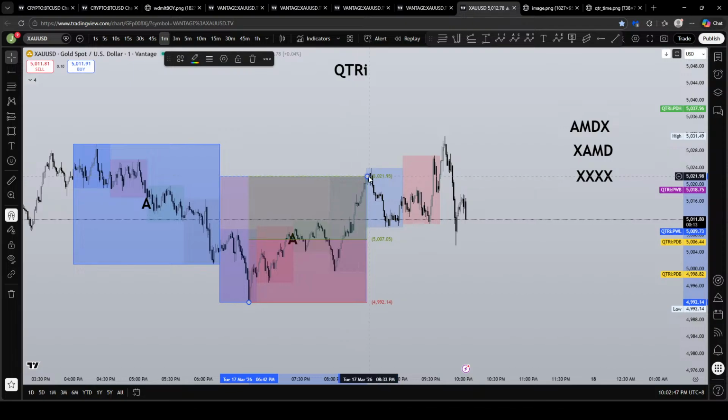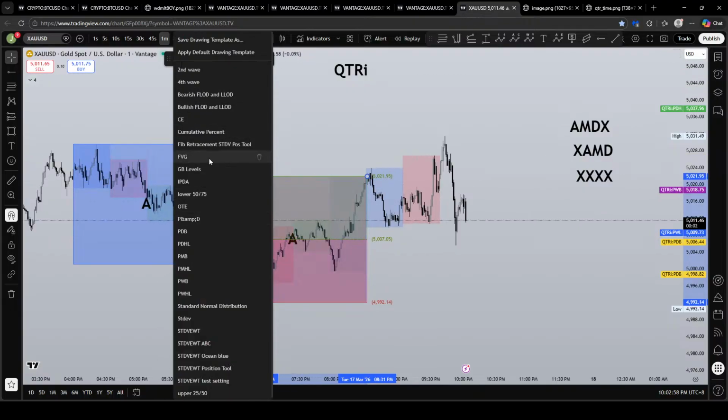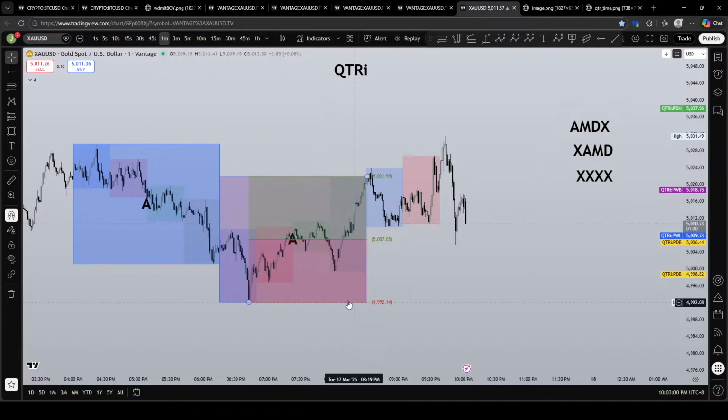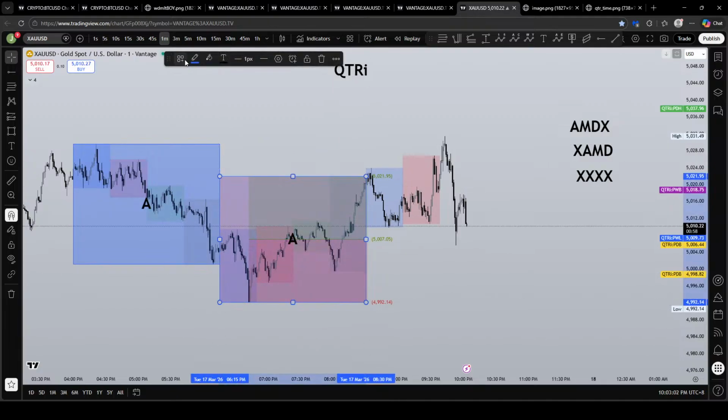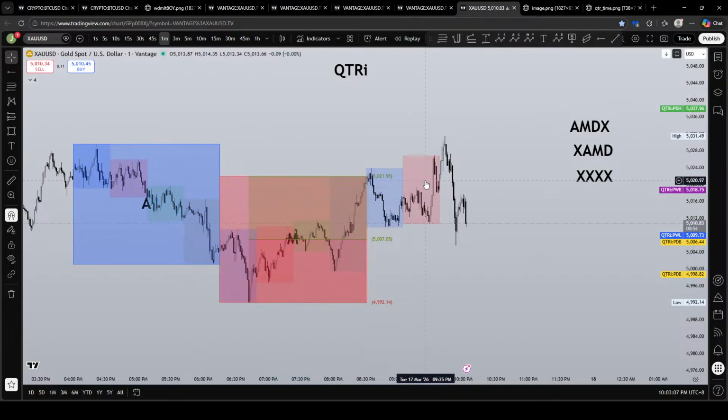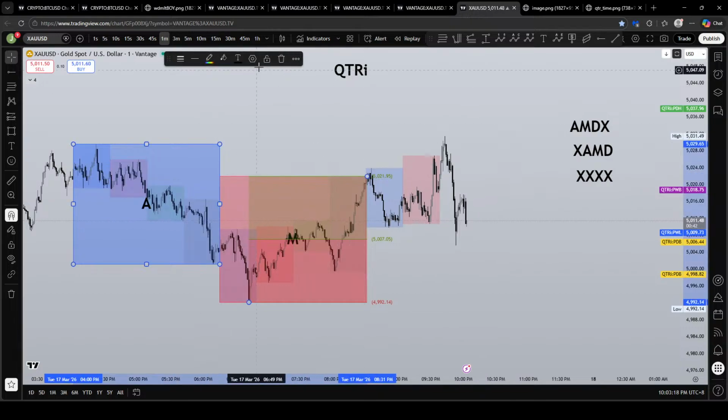This will give us an idea that if quarter 1 is accumulation, then quarter 2 can be considered as manipulation. So if we treat this as a manipulation, then possibly we will confirm whether the third quarter will be considered a distribution.